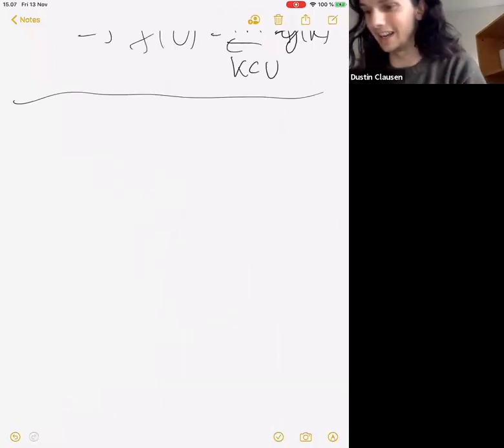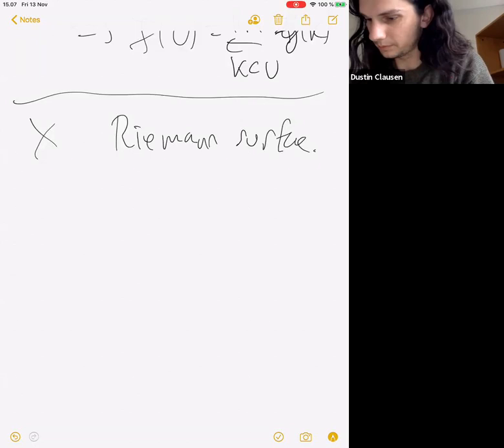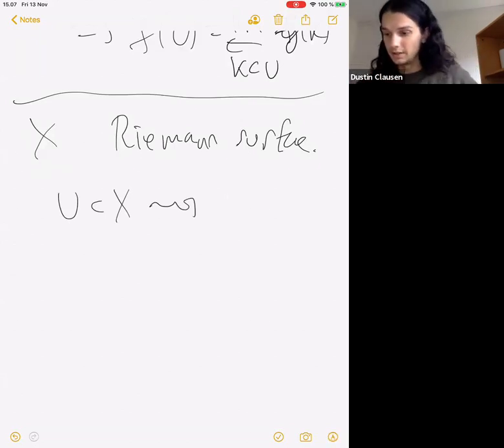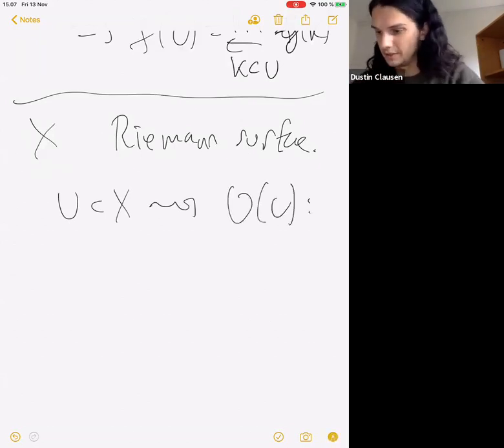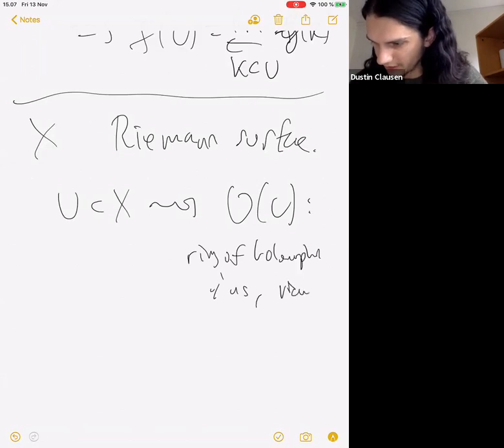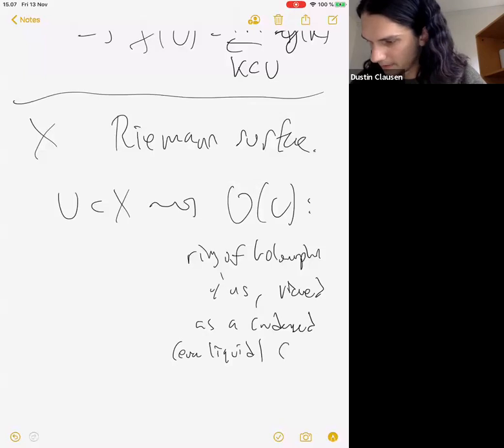Okay, so now let X be a Riemann surface. For an open subset of X, we can associate the ring of holomorphic functions, viewed as a condensed ring, or in fact, a liquid C module.